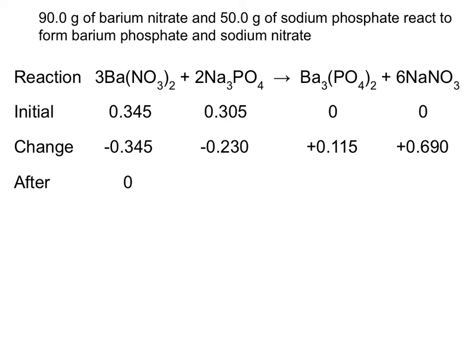So we now have our changes for all of our substances in our reaction, which means that we can fill in our after amounts. And so we're going to be left with 0.075 moles of sodium phosphate, and we will have 0.115 moles of barium phosphate and 0.690 moles of sodium nitrate at the end of our reaction.